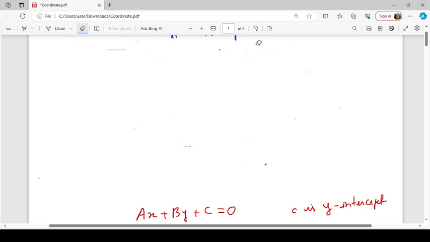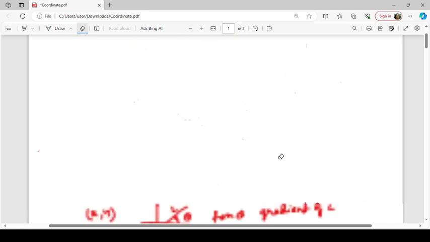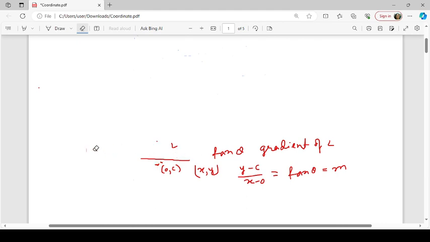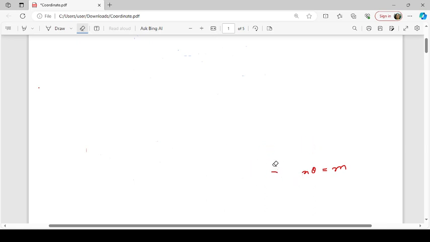And in a similar way, the x-intercept of the line is the point of intersection of the line and the x-axis, the distance between that point and the origin. We say it is the x-intercept.